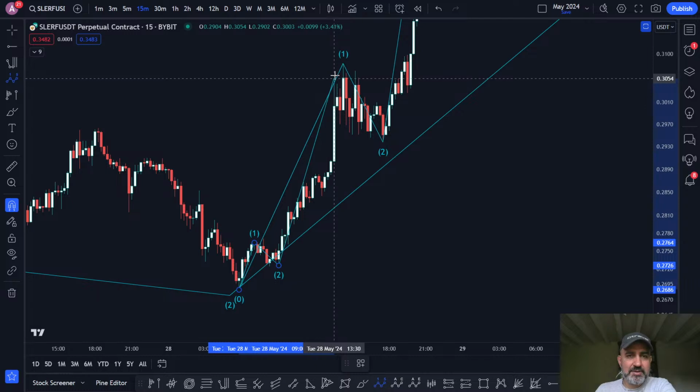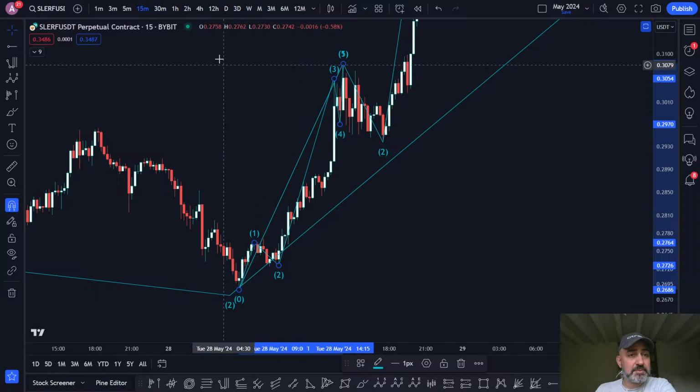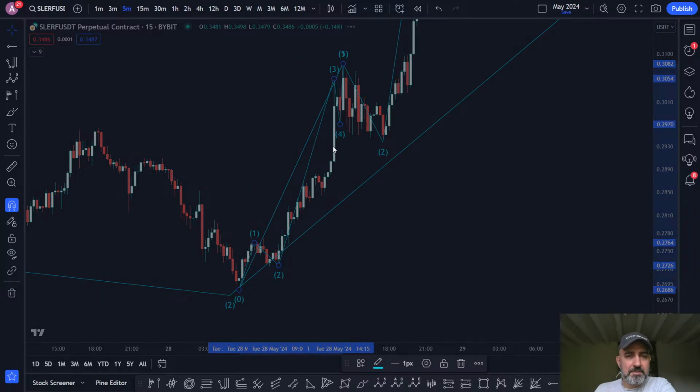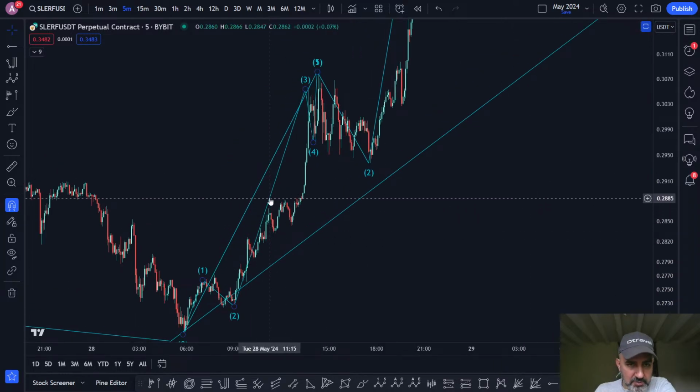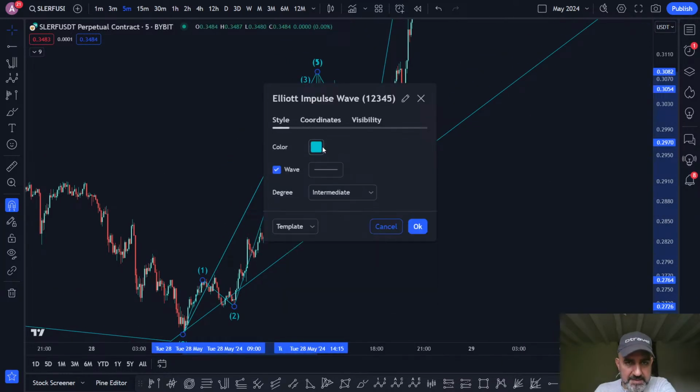Maybe you just had a really crazy 3 all the way up to there, and a 4 and a 5 there. Potentially, I'm just imagining what could be correct. Let me just change the color so we can all kind of see it together.